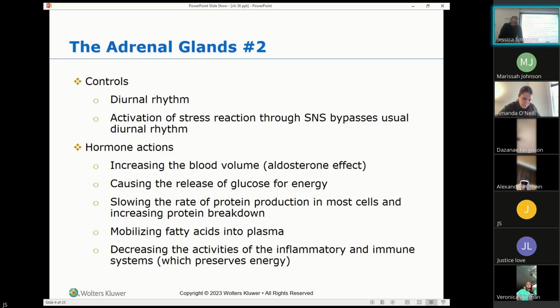So remember, you've heard, I'm sure, about your circadian rhythm, right? When people work night shift, their circadian rhythm gets all jacked up. When you have older people that are asleep during the day and up all night, their circadian rhythm is all jacked up. So when we're talking about the diurnal rhythm, it's the same type of concept, but it has to do with hormone production not happening at the correct times in the day.